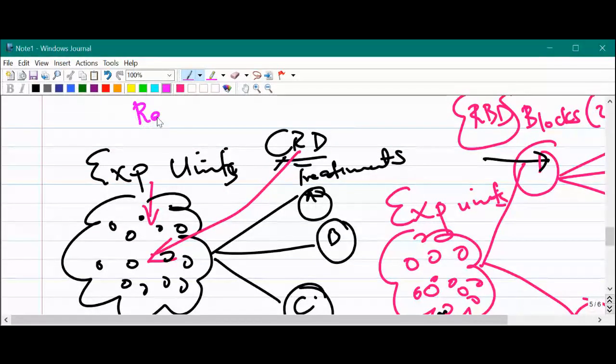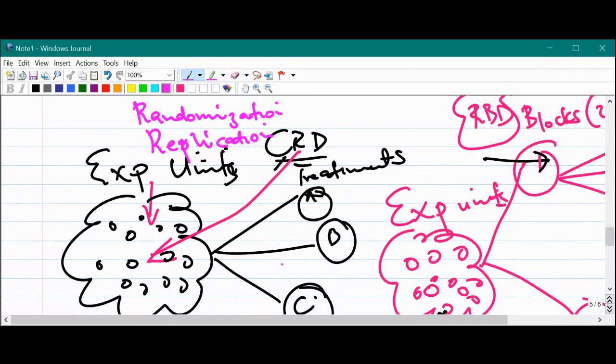You applied randomization, and replication, because you are going to repeat the process when you assign values to each treatment. So the 3 principles are randomization, replication, and blocking.